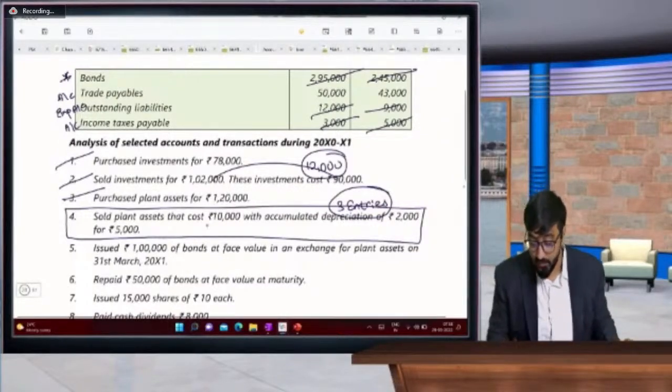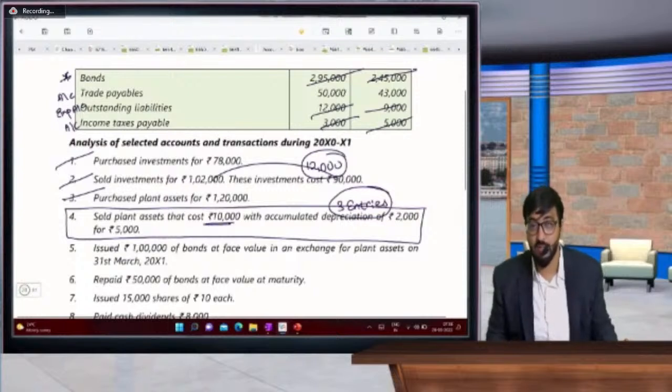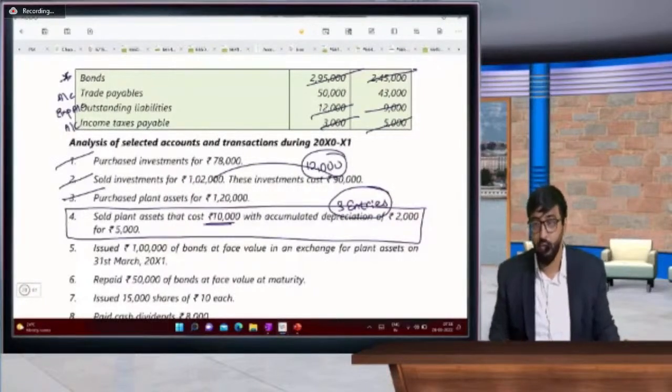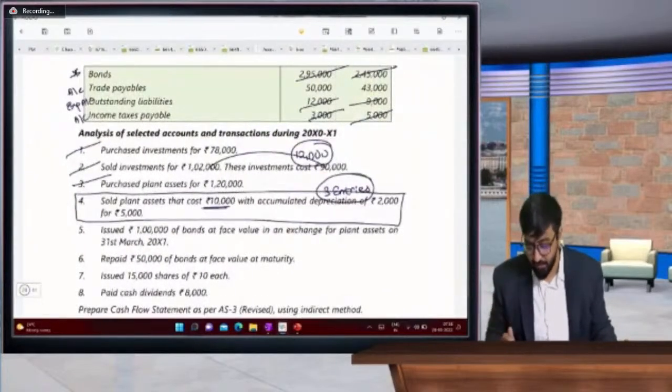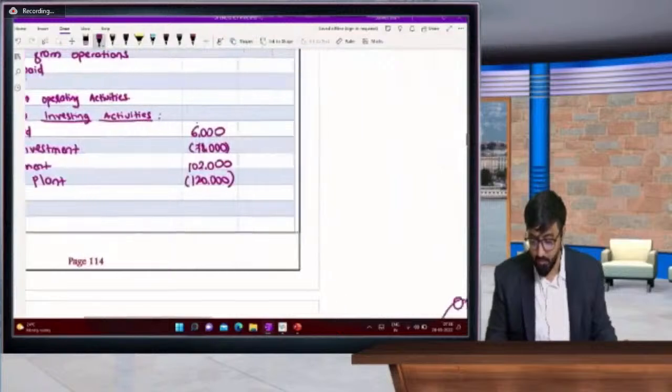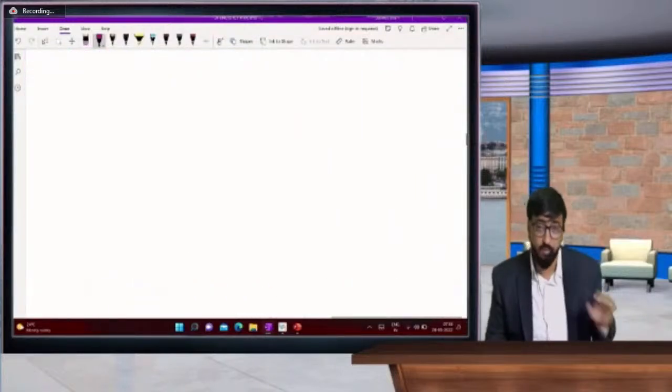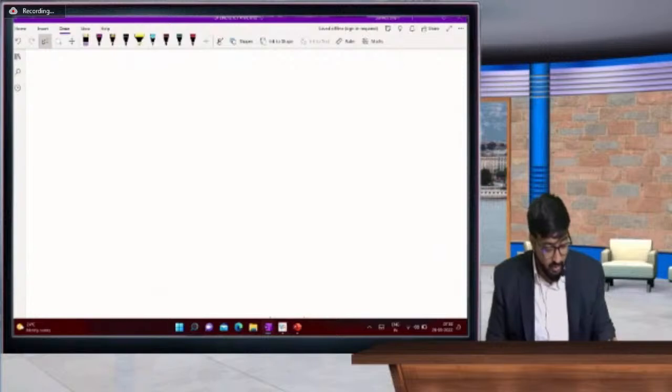See, cost is 10,000. So what is the original cost? 10,000. Whenever you are opening accumulated depreciation, your asset will always show the original cost, not the balance after accumulated depreciation. I already explained this logic in previous chapters, but there is a chance you forgot this concept. So in that accumulated depreciation, first we are going to cancel.